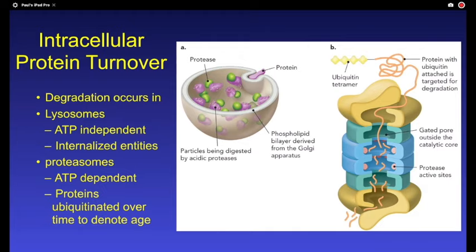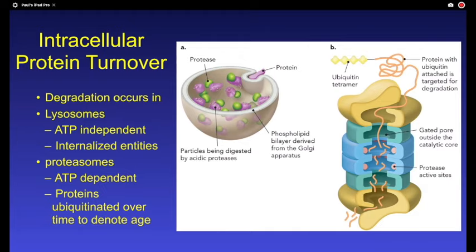Proteins will have a small protein added to them, and it's time dependent. The protein that's added to other proteins is ubiquitin. Over a certain period of time, it's roaming around doing its thing, and ubiquitin gets added. Okay? And then it goes around for a long time, and then another ubiquitin is added. It's almost like its age. And so the more ubiquitins you have, the older it is.